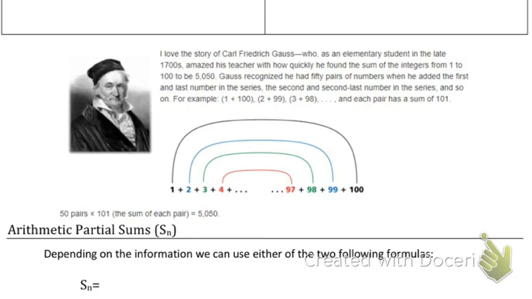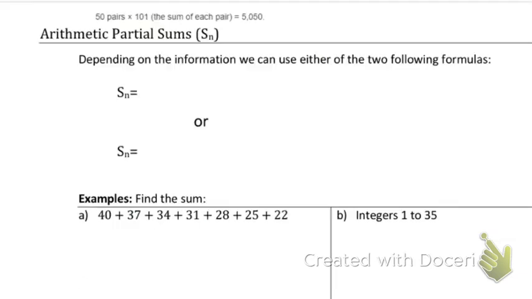So the whole goal is to come up with this pair and then multiply it by how many pairs we have. Well, depending on the information we have, we can use either one of the following formulas to match what Gauss did. And that is, if we have S sub n, the sum of some sequence, where n is the number of terms.